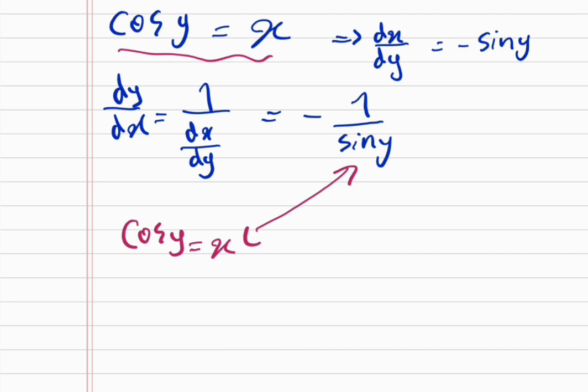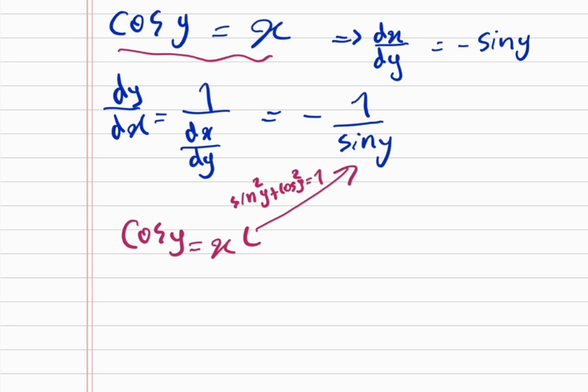And probably the most straightforward way is by using the identity sine squared y plus cos squared y is equal to 1. So always in questions like this, the best way to connect two trigonometric functions is by using identities that include both of those functions.